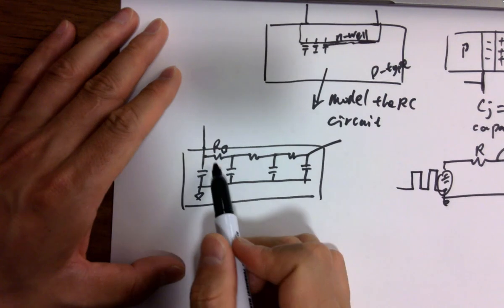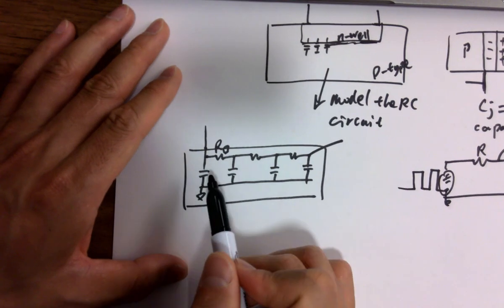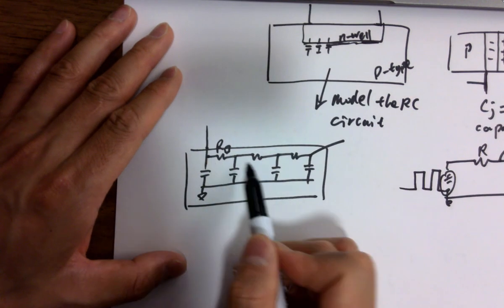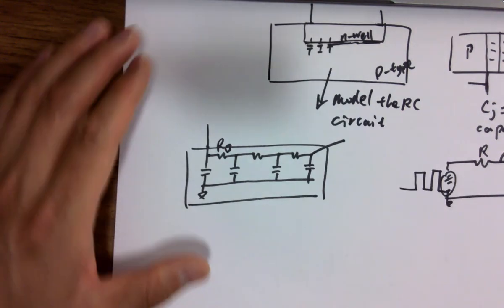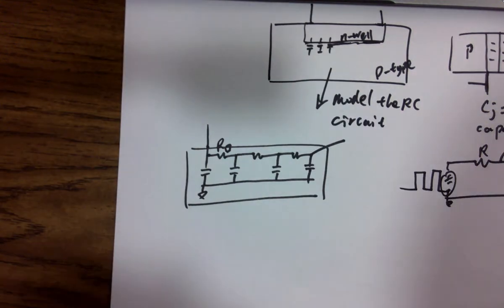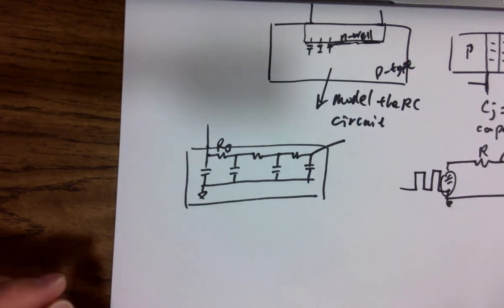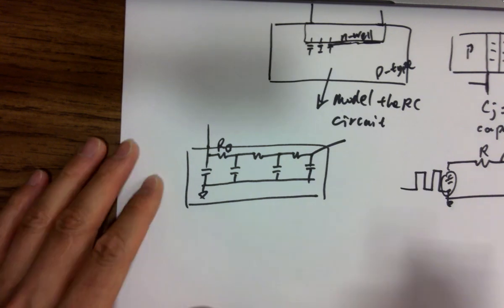So for the N-well resistor, it's actually not ideal. It's not just a resistor, it's an RC circuit. So the N-well resistor will introduce time delay, just to let you guys know, because of the capacitors over here.